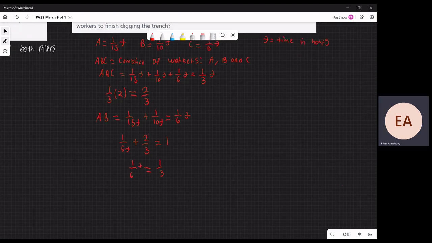And now we just have to multiply both sides by 6. And that gives us t equals 2.